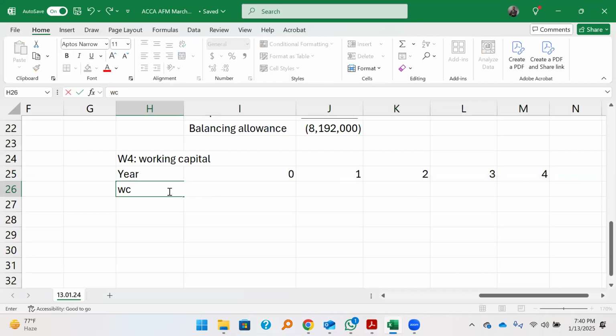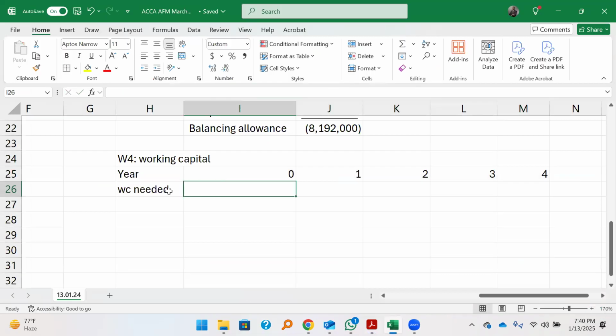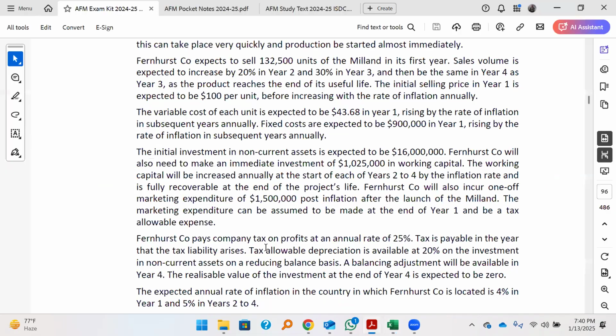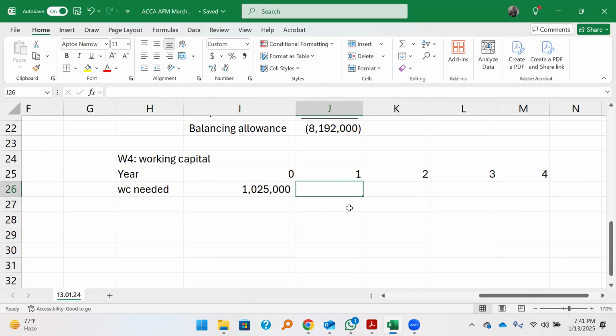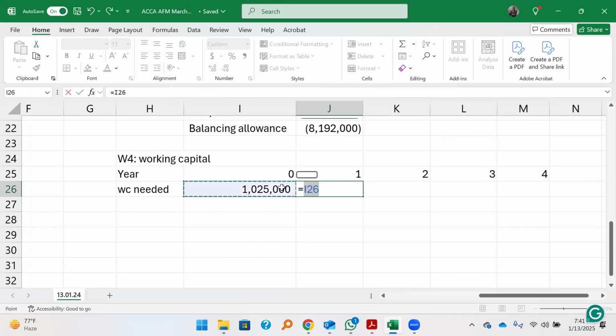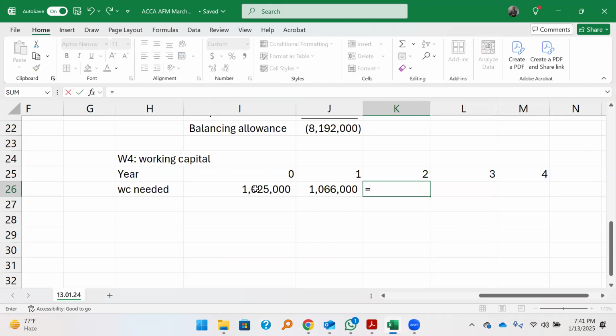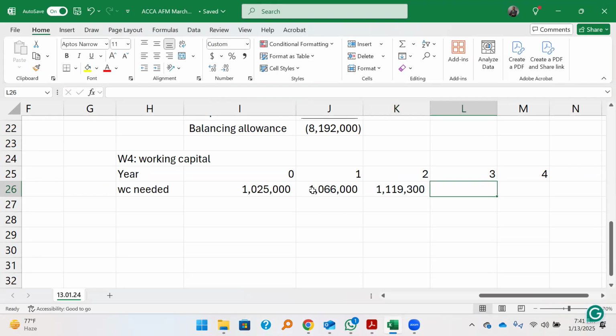So working capital needed 1025 at the start. Okay. Then it's going to increase annually at the start of year 2 to 4 by the rate of inflation. So inflation for year 1 is 4%, which means that this is going to grow by 4%. Then it's now going to grow by 5% from year 2 onwards.